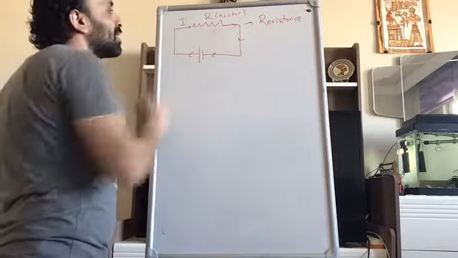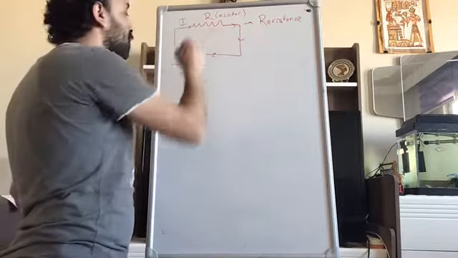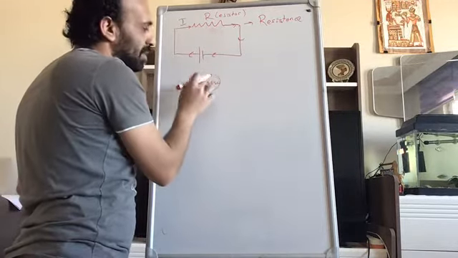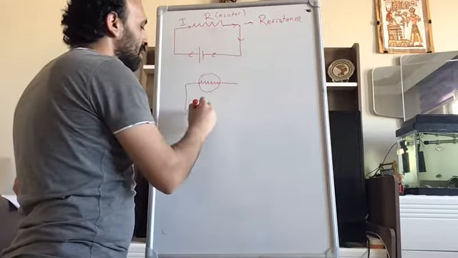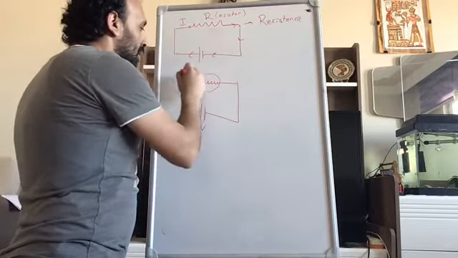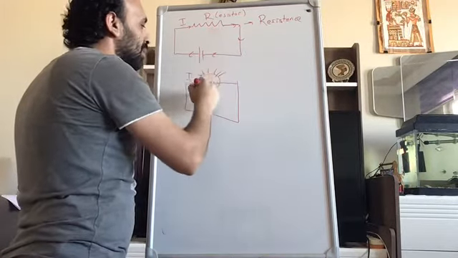With a resistor, actually we can feel something. If you put a light bulb, for instance, let's say this is a light bulb, and this is the resistor inside it, when the current is passing through this light bulb, you are going to see some light around it, right?